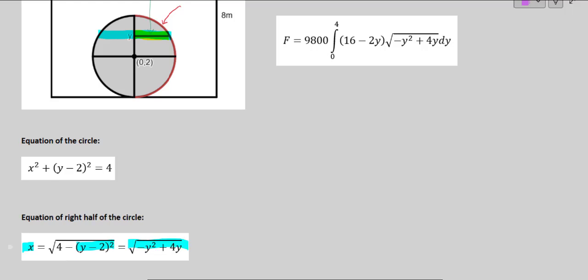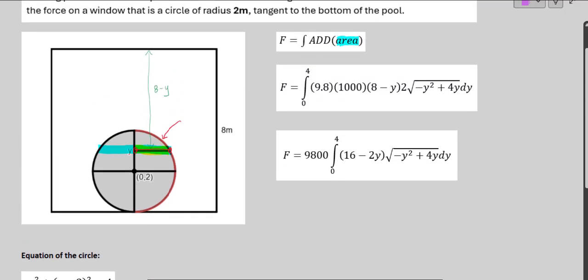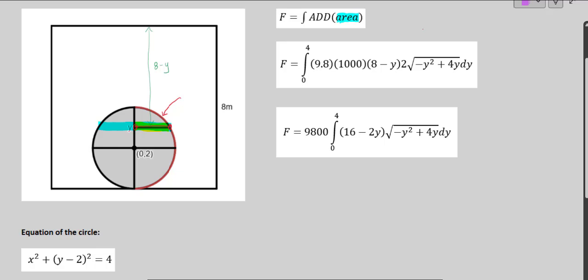So that right there is going to measure the distance horizontally from the y-axis to the right over to this red curve. That's what this x is measuring. If we want to go all the way across the circle, we need to double it, which is what that does right there. So this right here is the width all the way across the circle.